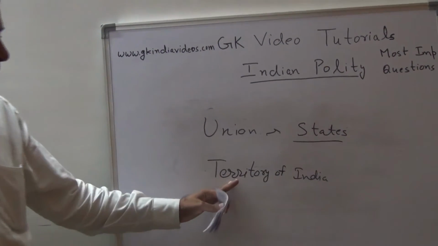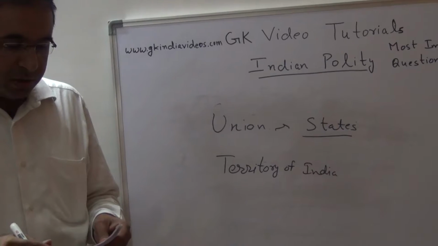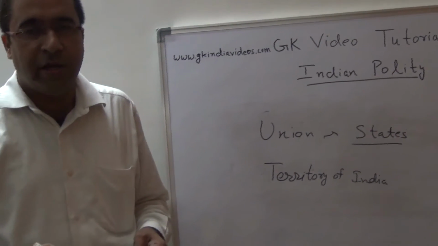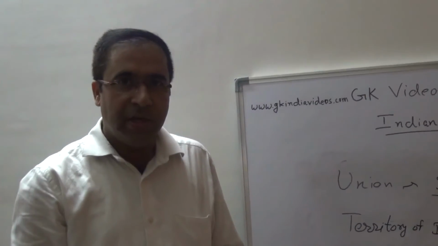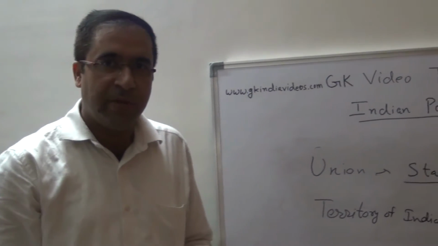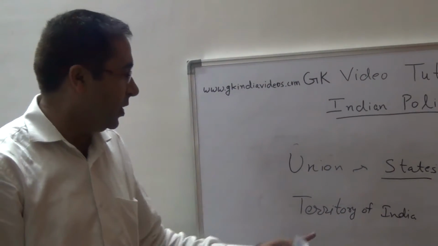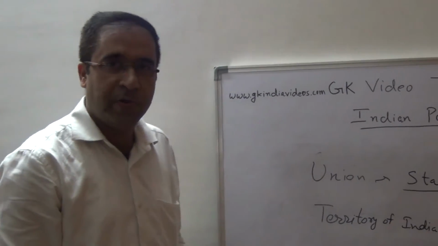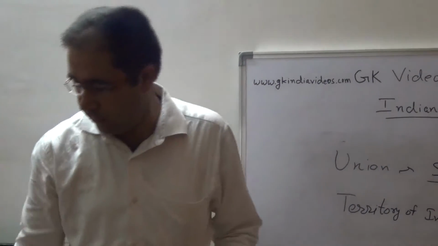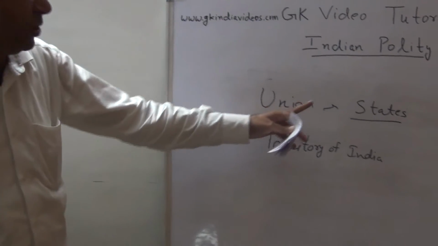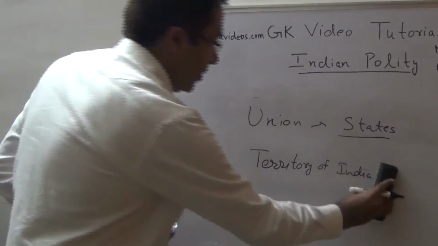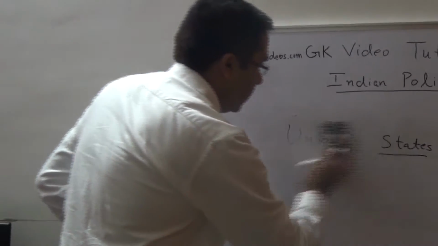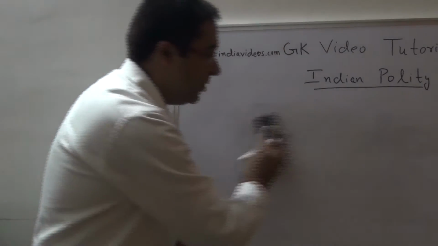But territory of India means it includes the entire India. Even if there is any part outside India, but it is in the territory of India, so any part outside India can also be included if it is a part of India. That is territory of India. But the union includes only the states. We have to remember this difference between union and territory of India.